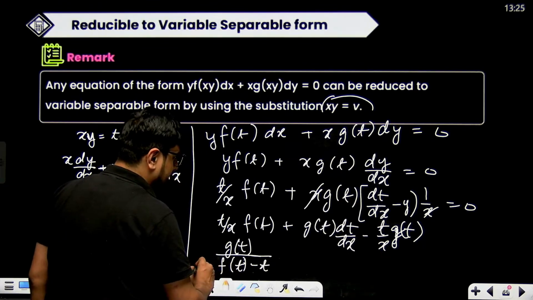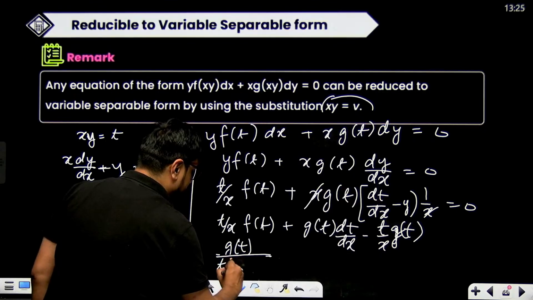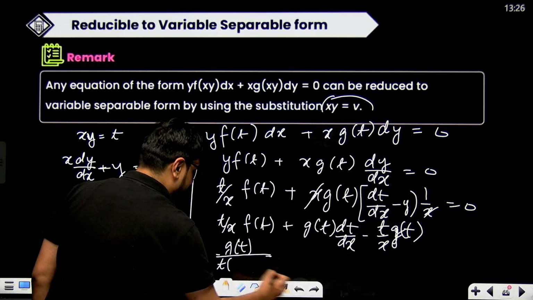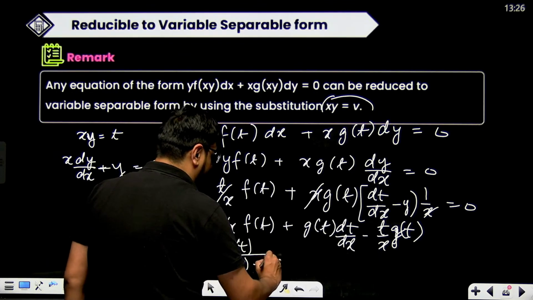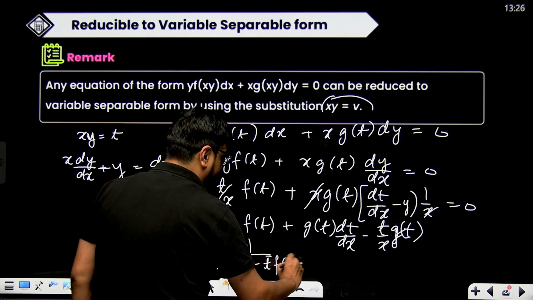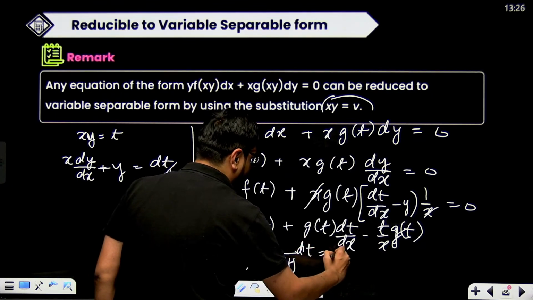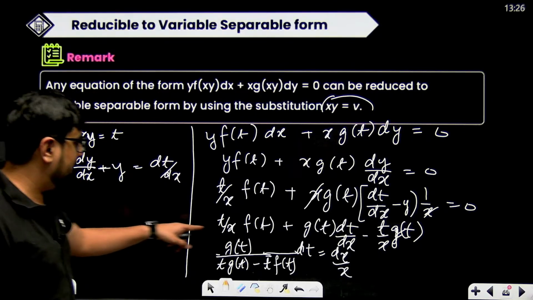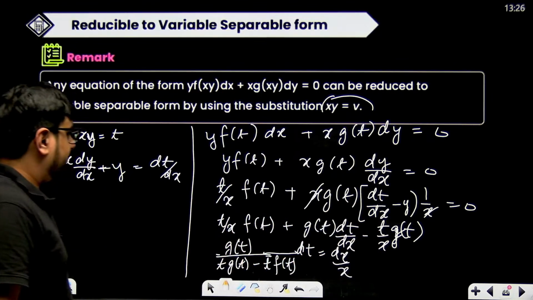Here it will come t g of t minus t f of t. dt will come out equal to dx by x. Only one x was there.